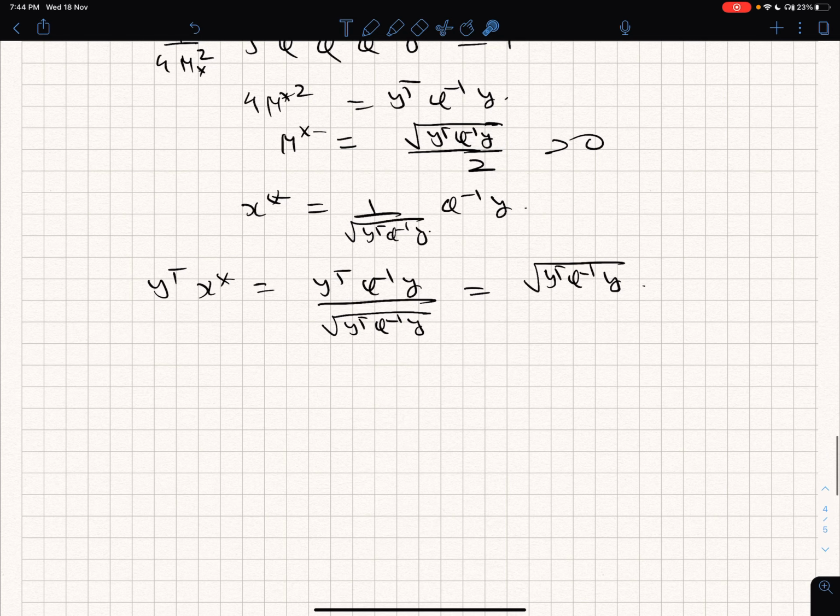So now the only thing that I need to look at is the behavior of z transpose, the Hessian, z. I will use the vector z here, because y has been consumed.